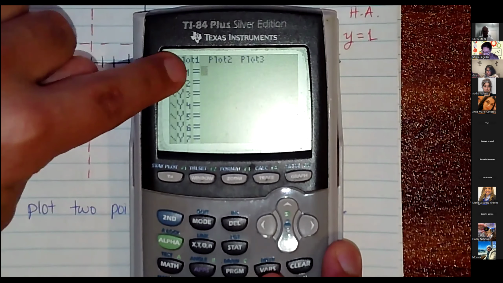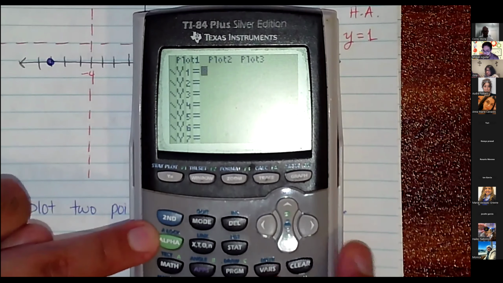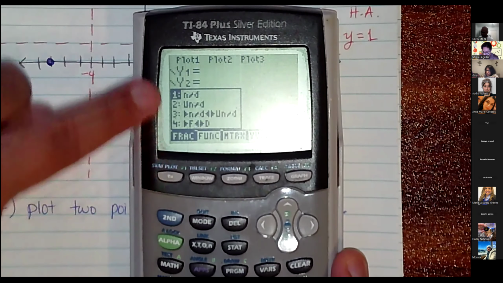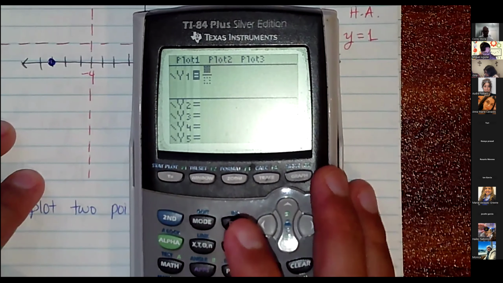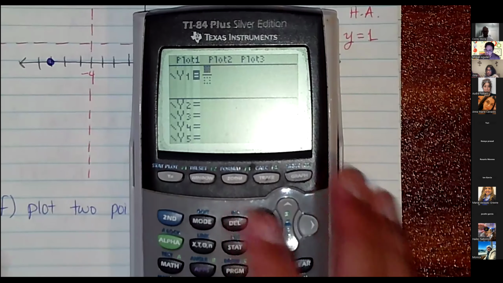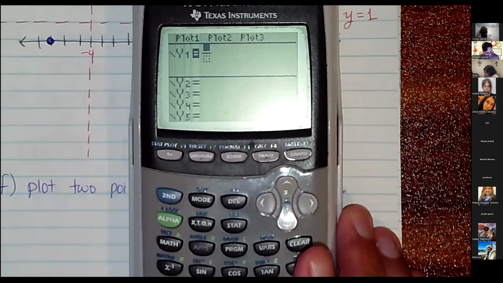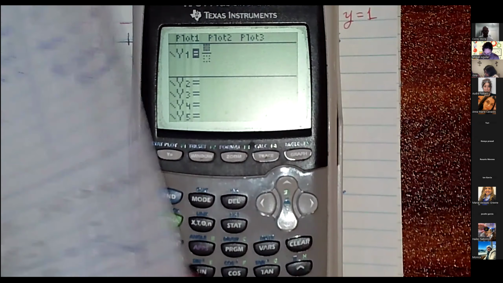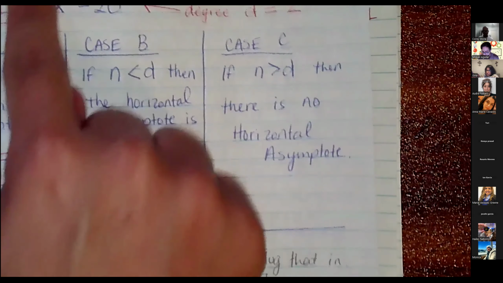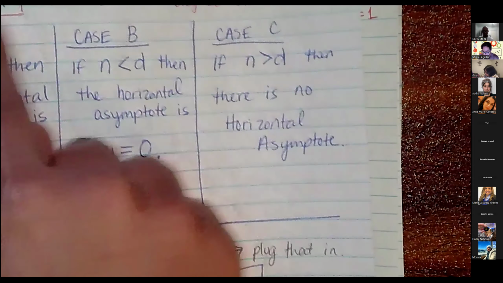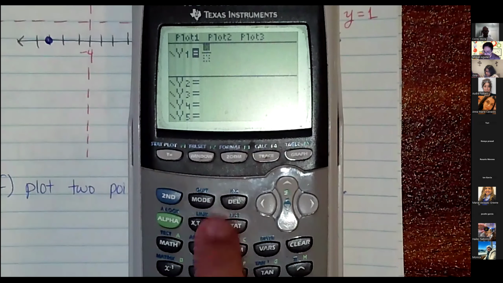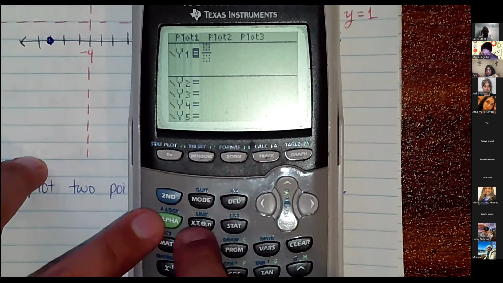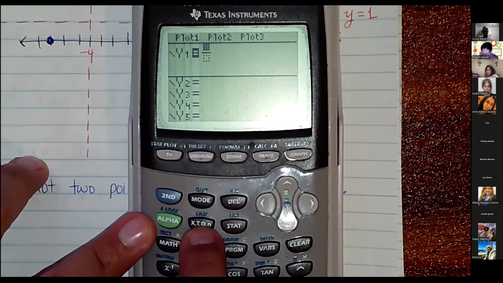So in that first equal sign, I'm just going to put a fraction. So I'm going to put alpha y equals and enter to get my fancy fraction, the same way we always have. Then to type in the equation, which is x squared plus 6x minus 7 over yada, yada, yada. You guys can't see that, right? You use this button here that's next to alpha that has the x, t, theta, and n.